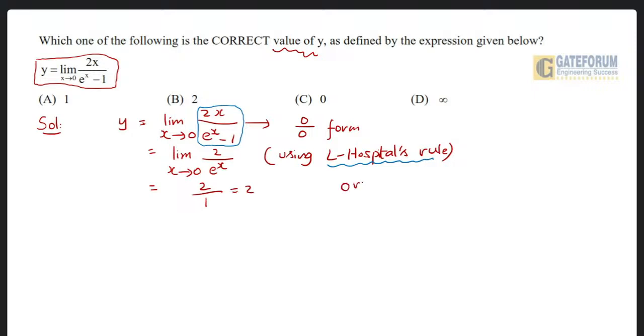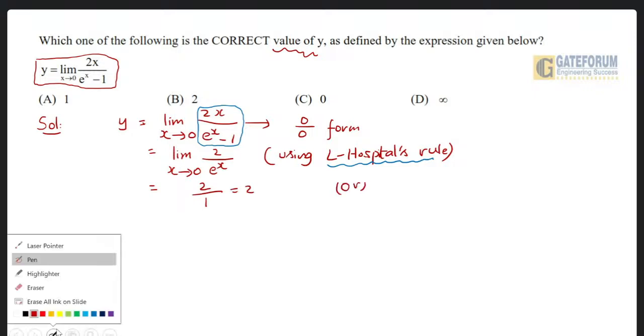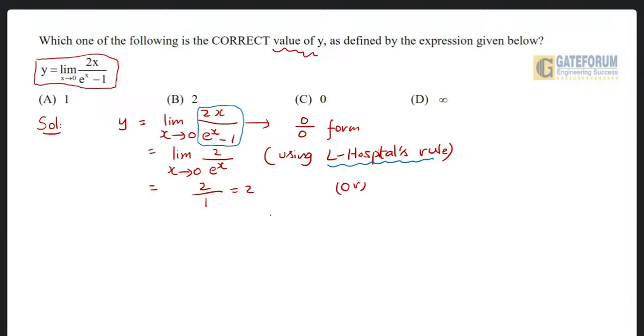Or see the alternate method. Y is equal to limit x tends to 0, 2x divided by e power x minus 1.